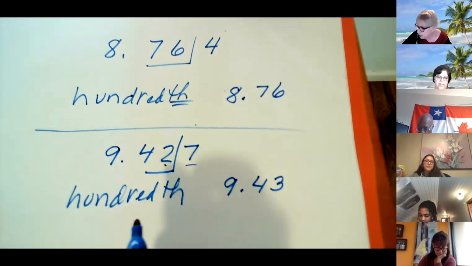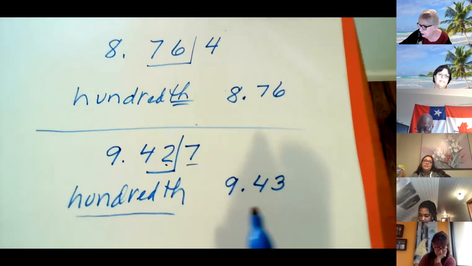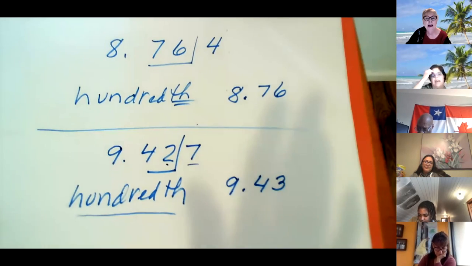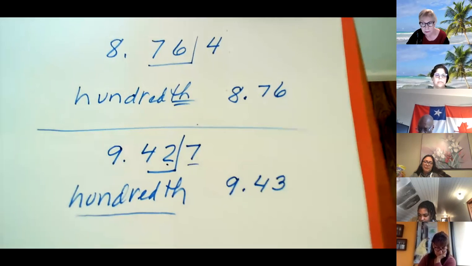No, no. When they say they want it to the hundredth place, this is the last place you're going to see a number. The question is, is that number going to be 42 or is it 43? And because of the 7, it's going to be a 43. So you just use that as a decision maker. This is the decision maker, either stay the same or go up 1. Okay, I got that. Good job.